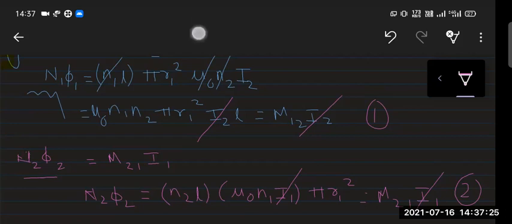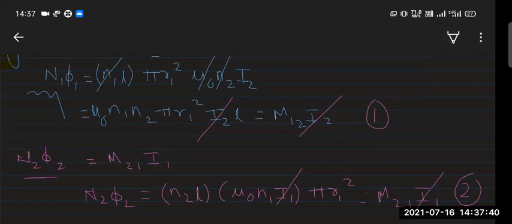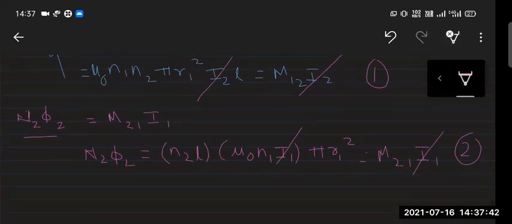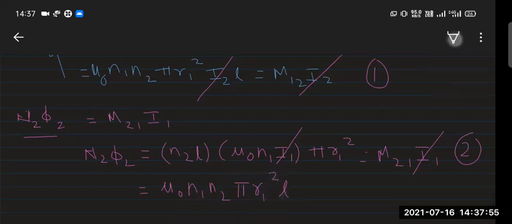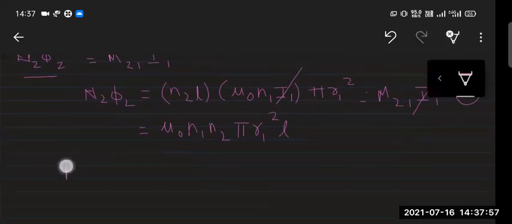Just compare the left hand side. It is the same, so you are getting mu 0 n1 n2 into pi r1 square into L. From here we can conclude that M12 is equal to M21.